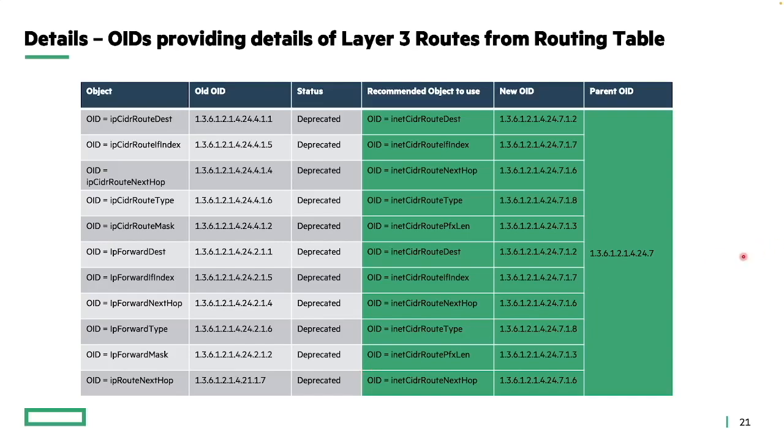This is the parent OID, and these you may call the child OIDs, and these are the new ones: 24.7.1.2, 1.7, 1.6, and so on. The description is, as you see, the route destination value, route indexing, next hop value, route type, etc. And these were the old object identifiers which are deprecated. Instead, the recommended object from 10.13 would be this, as I've marked here. And now you can read the routing table entries.